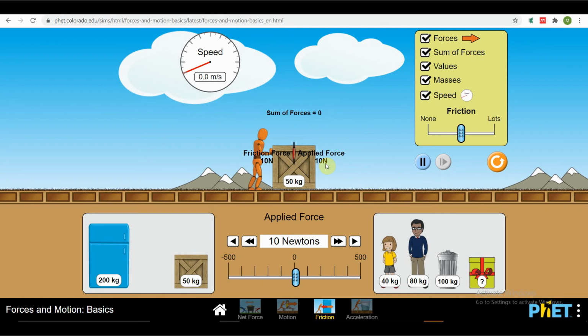The applied force is you pushing. The frictional force works against this applied force. So that's why the sum of the forces is still 0. 0 means that you are applying a force and there is another frictional force that cancels your effect. You try to push and there is something else that cancels your effect. So that's why this box is not moving.